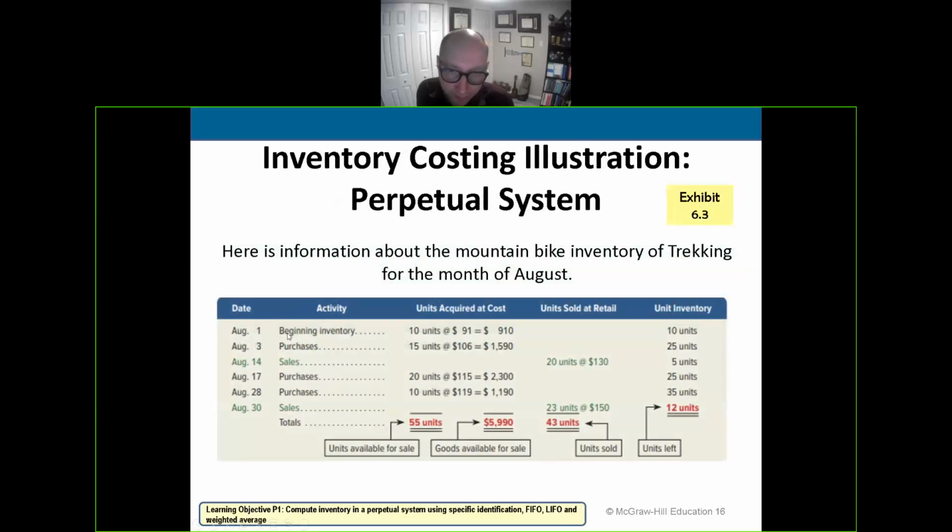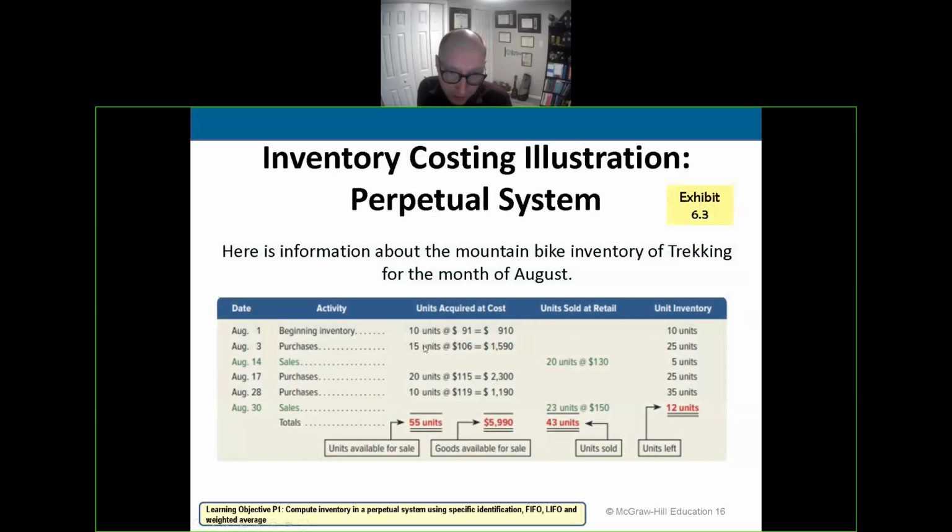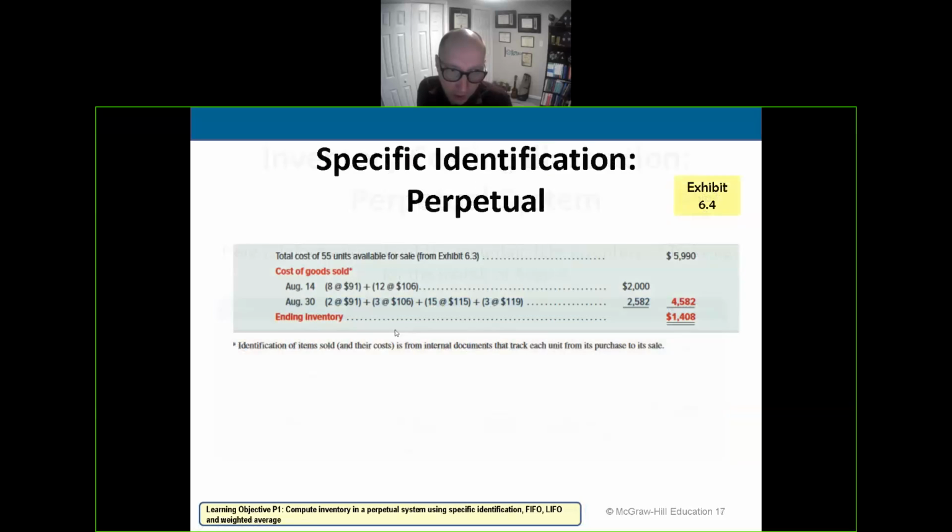If we go back, he's selling some of the beginning inventory, 8 out of the 10 at $91, and then selling 12 at $106. So some out of this batch. Sold those on August 14th.